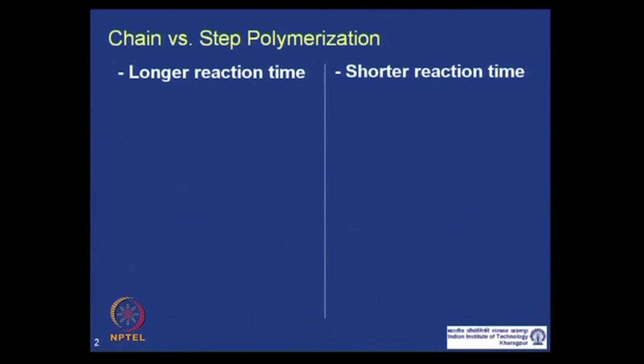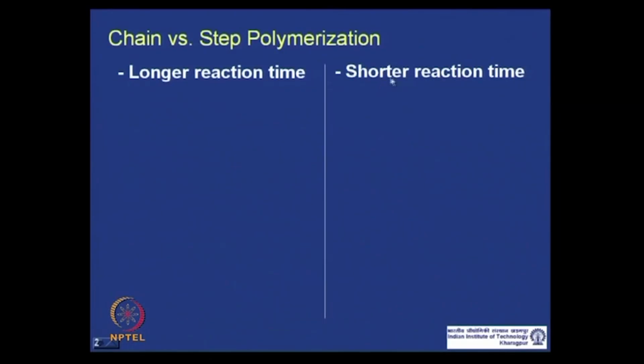The reactivities of those functional groups are not very high, and it's an equilibrium process, and during the reaction you have to make sure that your equilibrium goes towards the right by taking the byproduct out of the system. So, it takes much longer compared to chain reactions, where the reactions happen quickly in a shorter time.